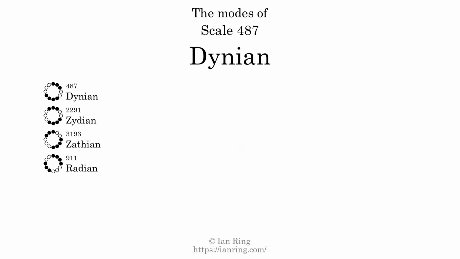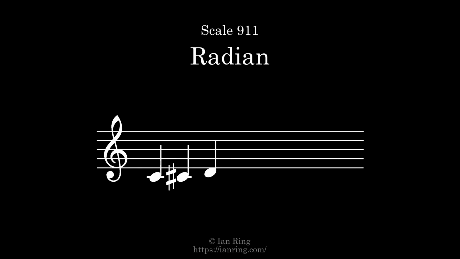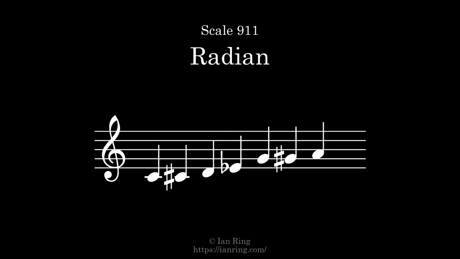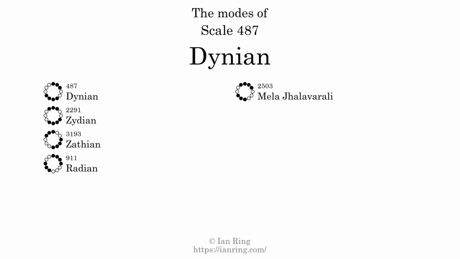The fourth mode is scale 911, also known as radian. It sounds like this. The fifth mode is scale 2503, also known as Mila-Jalaverily. It sounds like this.